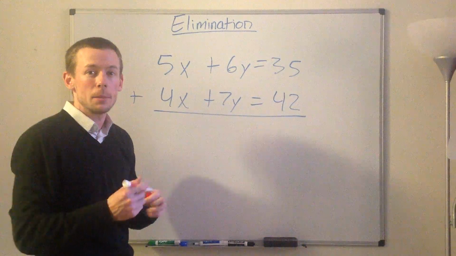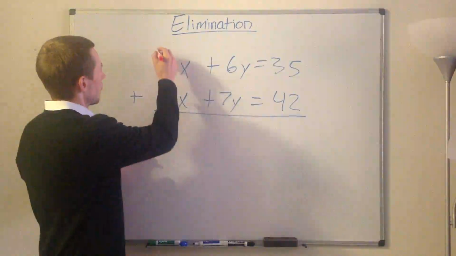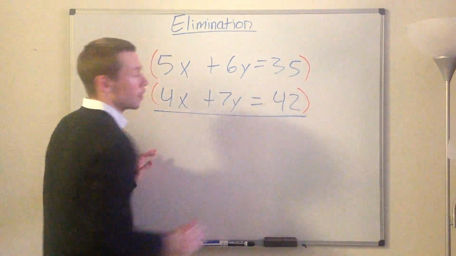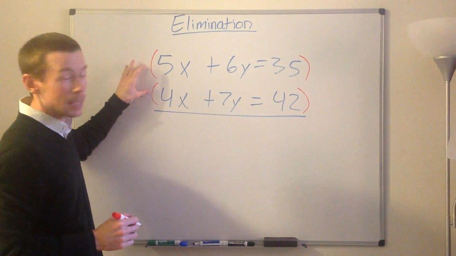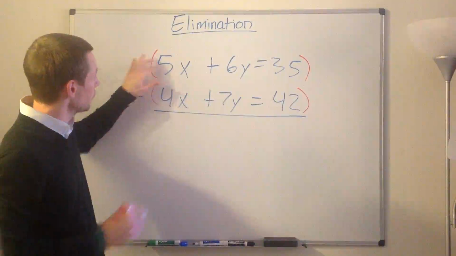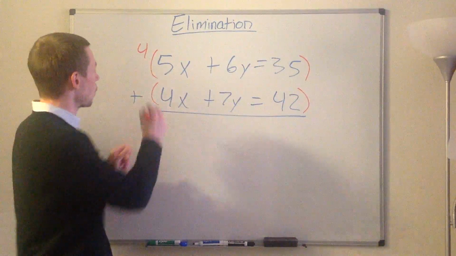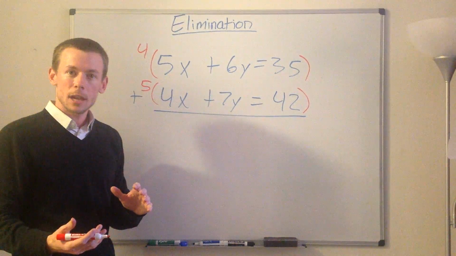So let me show you what I mean by using x. I'm going to eliminate x. So the way I can do that and make sure I land on the same number is if I multiply 5 by 4, and if I multiply 4 by 5, I will end up with the same number.